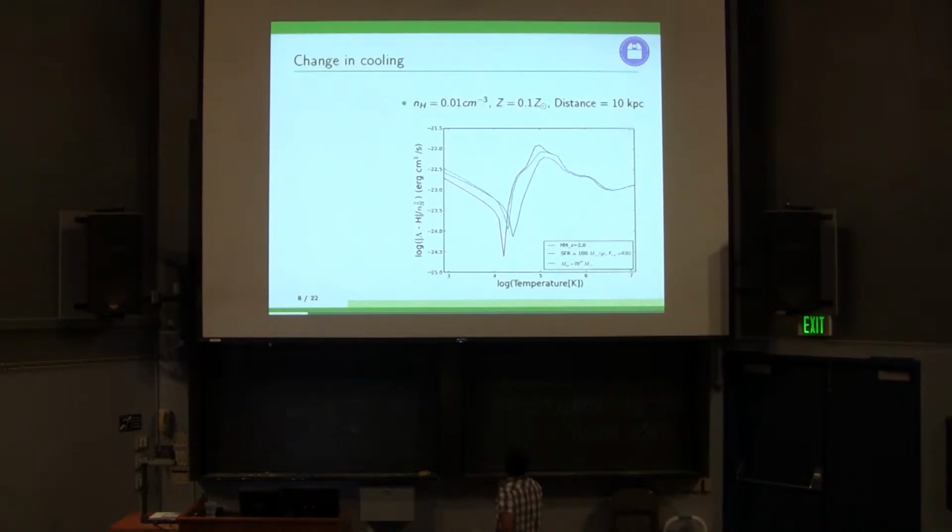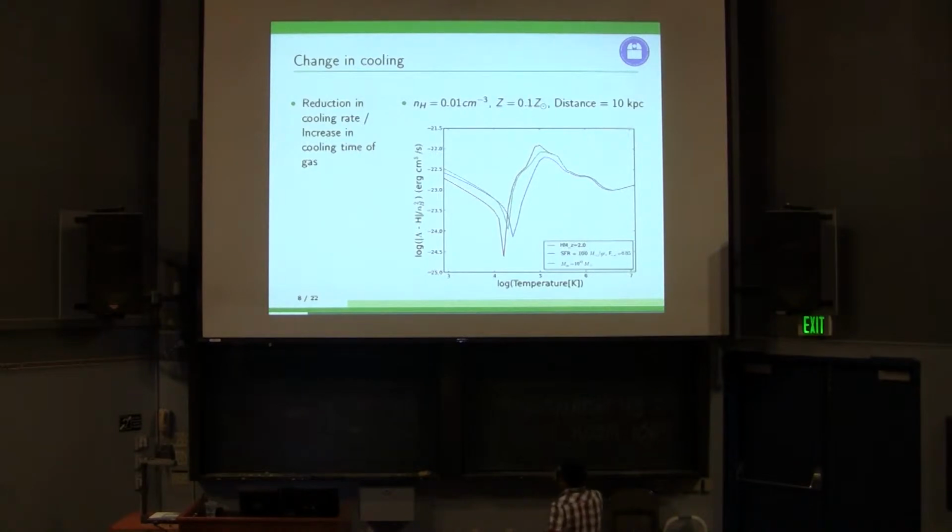Now, as a test case, I put these SEDs into Cloudy and it spits out the cooling curve. The Haardt and Madau is in red, the post-AGB stars SED is in green, and the cooling in the presence of the star formation rate radiation field is in blue. You can see that at particular temperatures, even at relatively high metallicities, you can decrease the cooling by more than an order of magnitude.